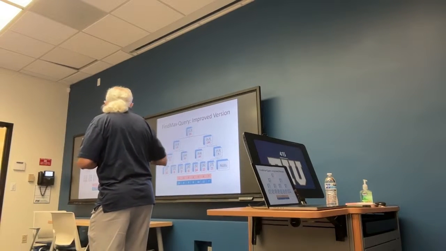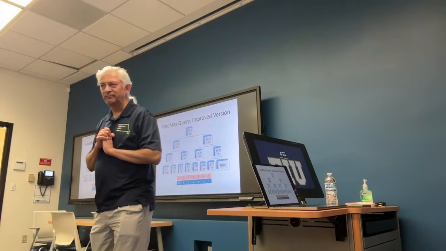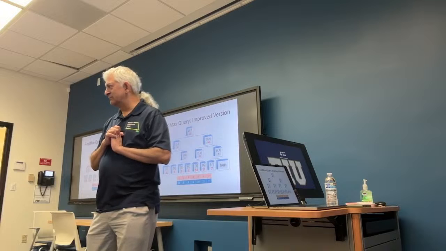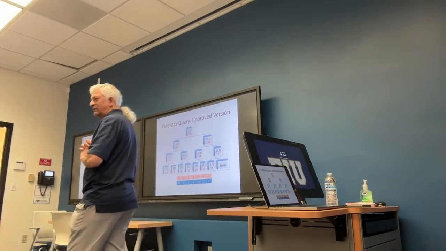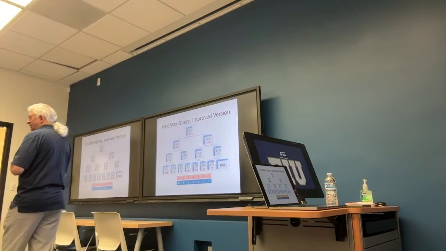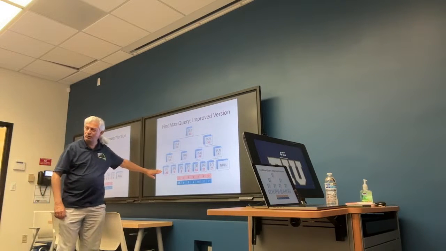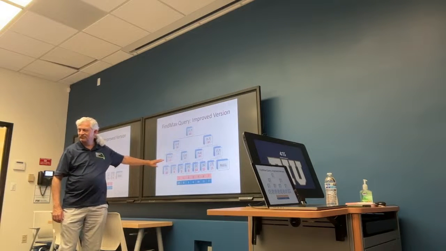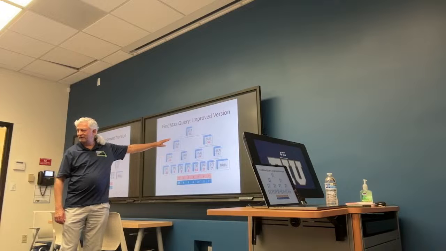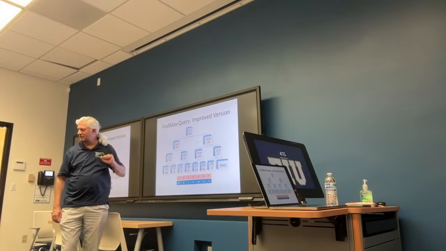Well, let me also ask you, how much space did I use here? Was it n squared? No. Remember, there are n nodes here, n over 2, n over 4, n over 8, and so on and so forth.